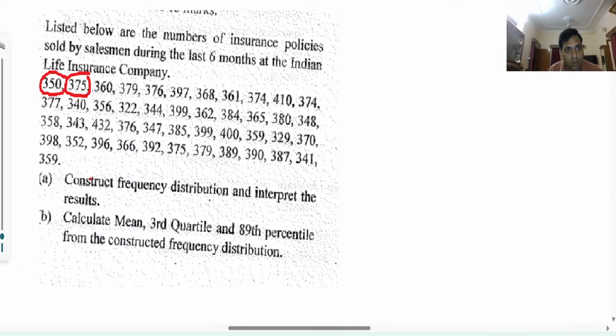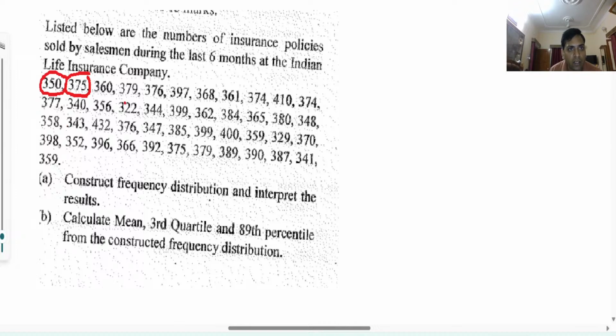So what we need to find is the frequency distribution and interpret the result. So these are the numbers. First we will write this data in ascending or descending order. This is the easiest way. Generally we will write in ascending order.